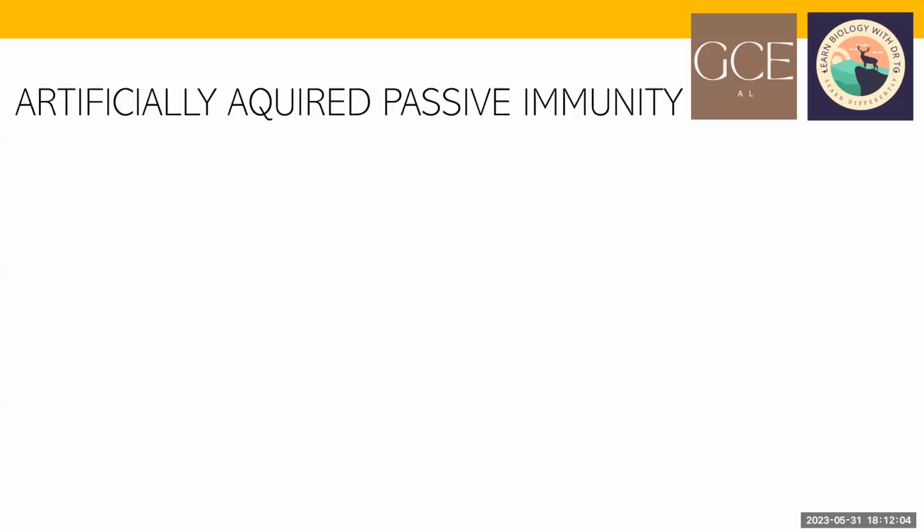Now, these days, we can produce antibody outside of the body, right? That means animals, like rabbit or horse or any animals, naturally produce antibody.